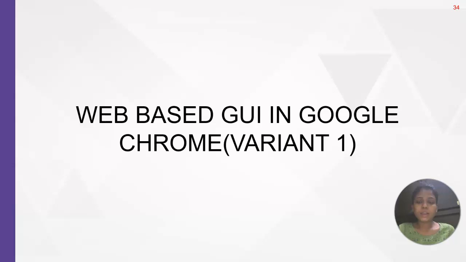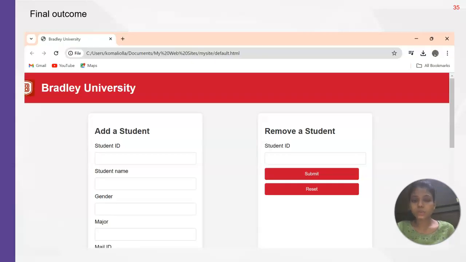So now let us see how the written code has been rendered on Chrome. So this is the user interface of our website. As I have given the image followed by the Bradley University title text, like the form, everything is here.